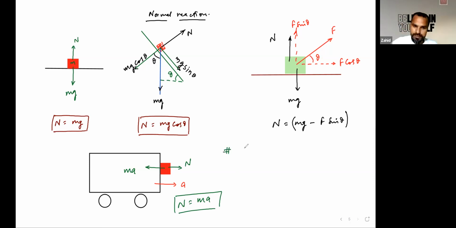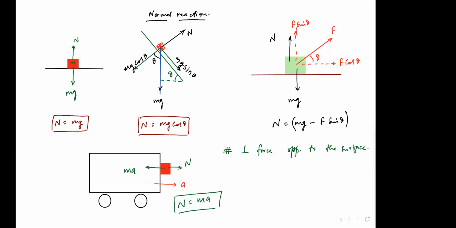So we'll say normal reaction is nothing but the perpendicular force opposite to the surface. Is it clear, Hiba? Yes, sir. We just write it down.